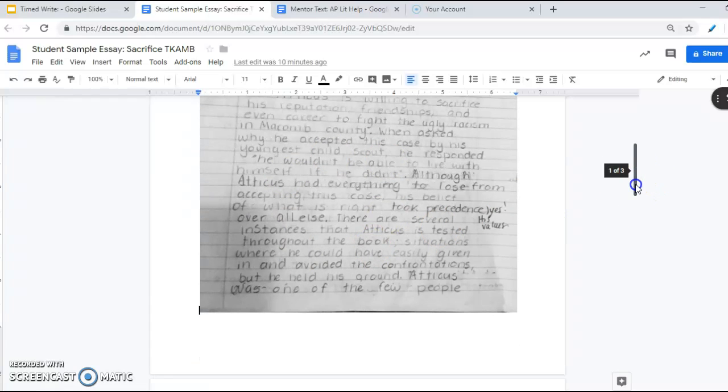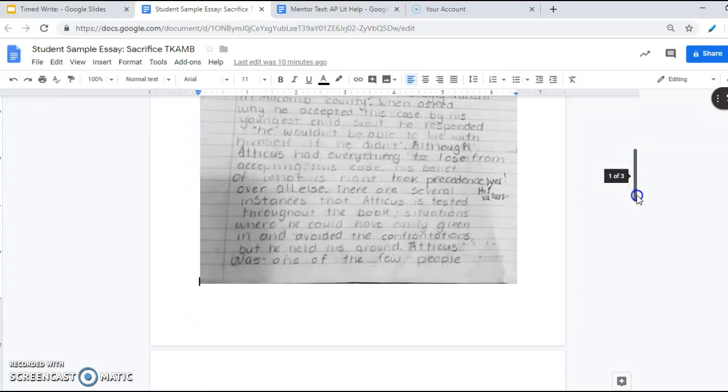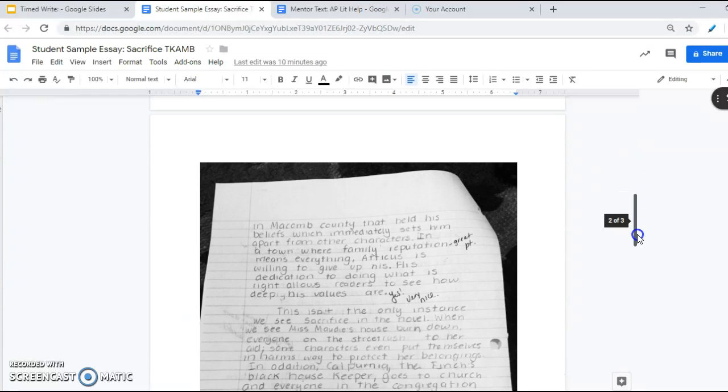So they're looking at the complex character of Atticus and his situation, which is really nice. And then it moves down here where you start to see values again. So every final chunk of the body paragraphs in this come back to the sacrifice and values part of the prompt, which is really nice.